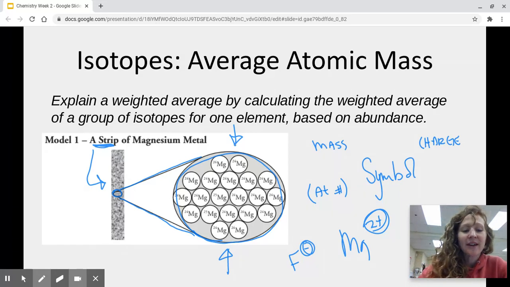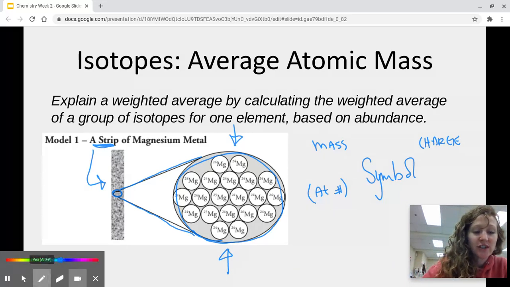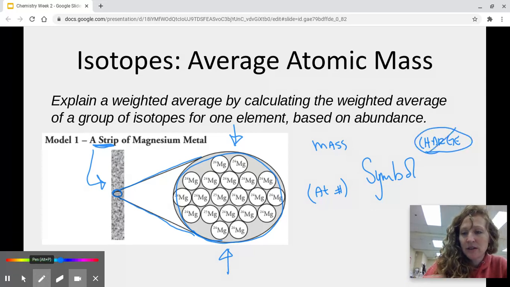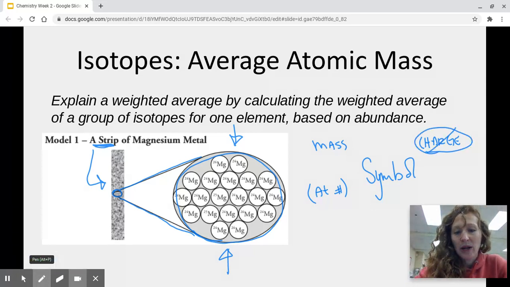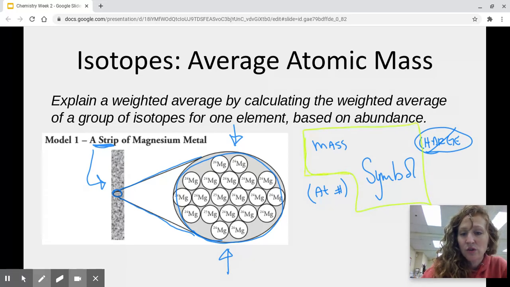And so that is why you're not going to see a charge symbol in the top right for any of these. So the only thing that they include in all of these atoms for us in this drawing is the mass and the symbol. So you see magnesium and then you see the mass.